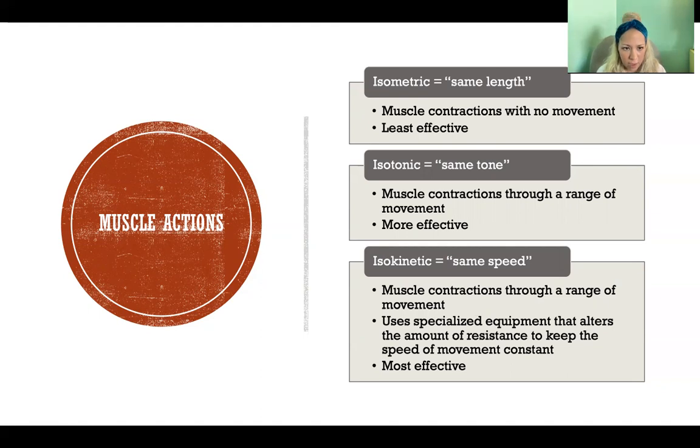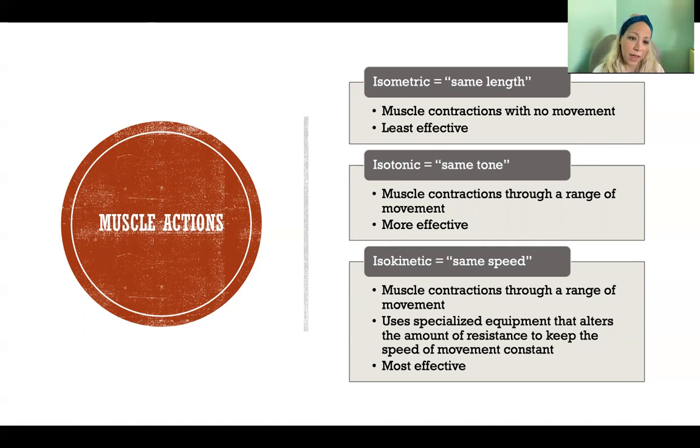And because of that, your muscles have to produce more or less force at different parts of the range of motion to contribute and cause the movement, which means that you might go faster or slower at different parts of the movement because of the length-tension relationship. So you have to go slower to produce more force, and you can go faster when you don't have to produce as much force.